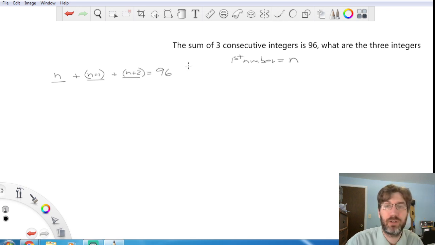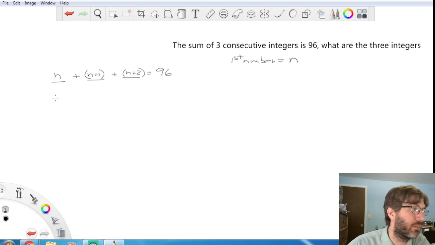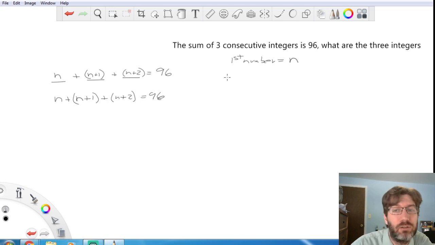And that's where I get my different variables here. So if I were to rewrite this a little nicer, it's going to be n plus n plus 1 plus n plus 2 equals 96. And if you take a really close look at it, you'll realize that everything here is just addition, so I really don't even need these parentheses.